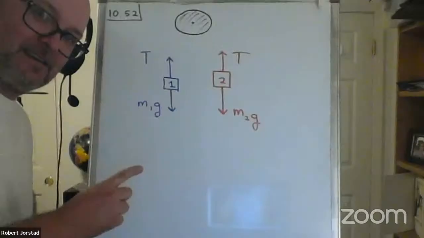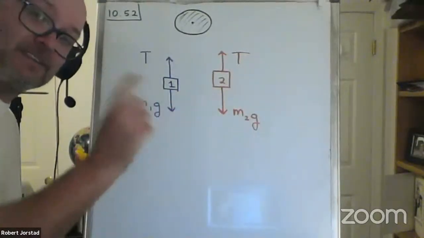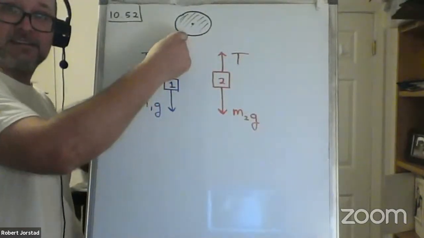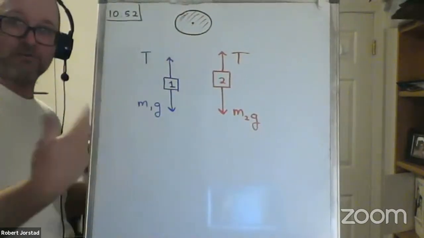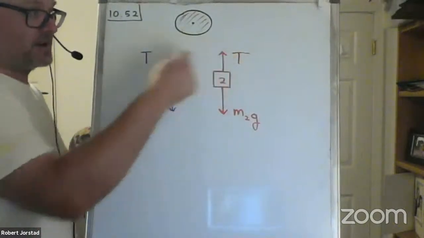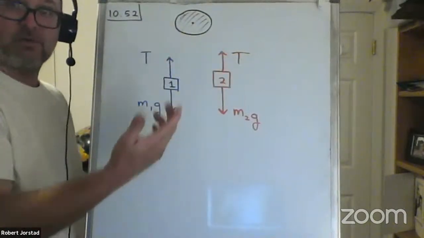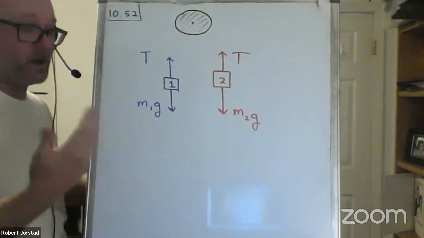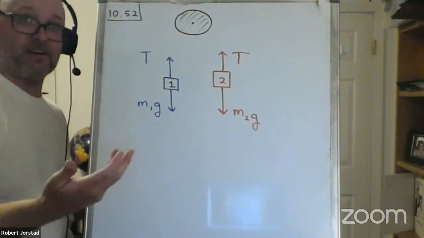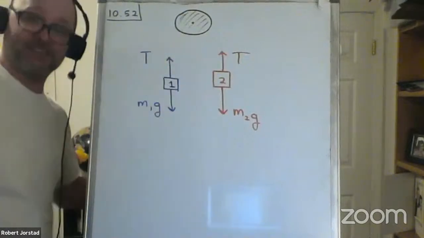Is that true anymore? Nope. Now our pulley's got some moment of inertia. And here's the idea. If these two tensions are the same and this pulley has some mass, it shouldn't ever rotate, right? Because it would take energy or torque to rotate it. If these two strings have the same tension, there would be no torque. It wouldn't spin. So the only plausible scenario is the tensions are no longer the same.